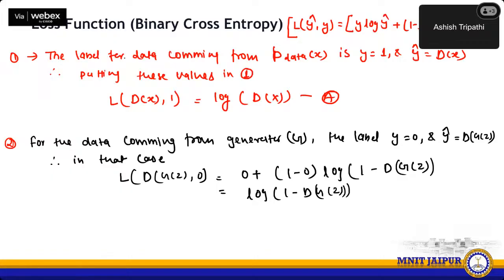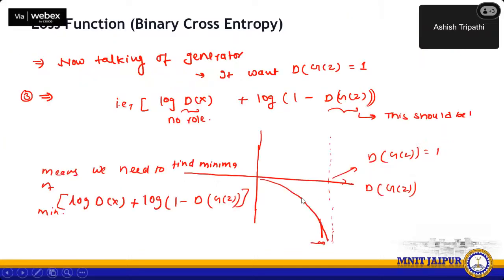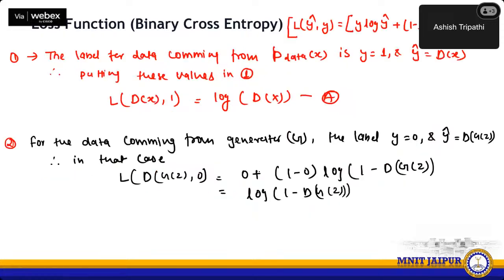The labels for the data coming from p data x will be y equal to 1, and y hat will be D of x. This is the output generated by the discriminator. So if you put these in this equation, it has to be log of D of x that I have derived in front of you, and for the data which is coming from the generator G of z, this will be log of this plus this. So this is the B part. Got it? This is the B part.